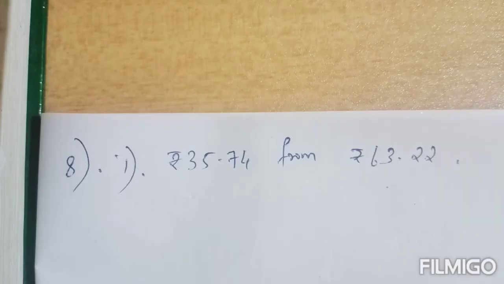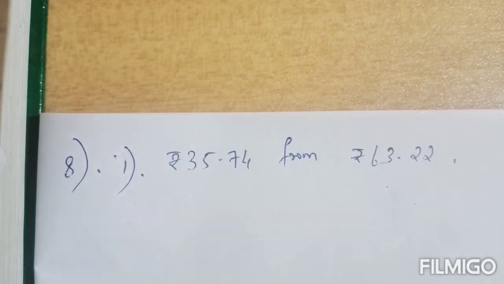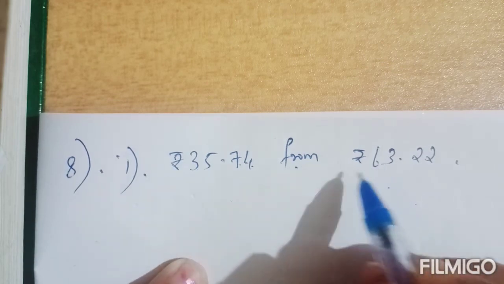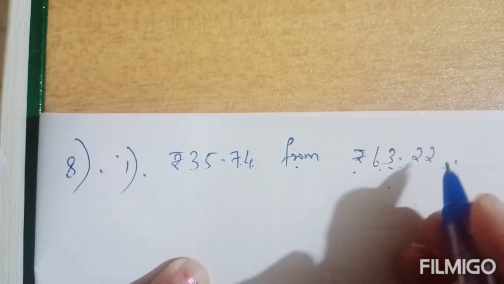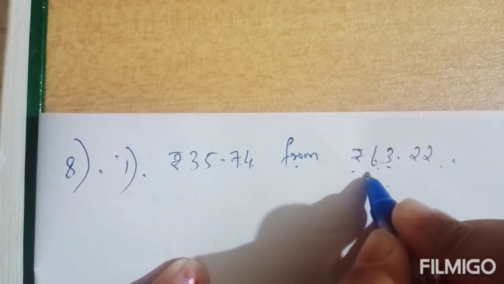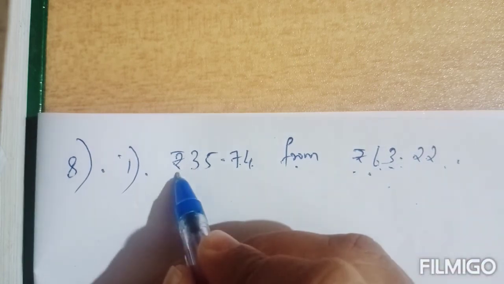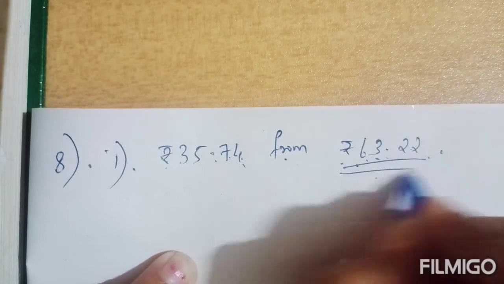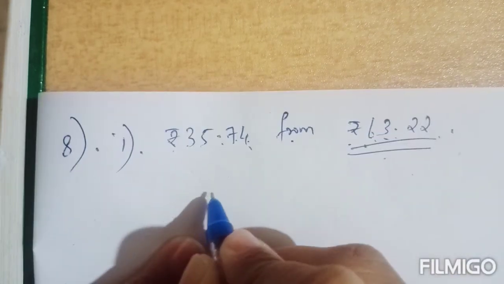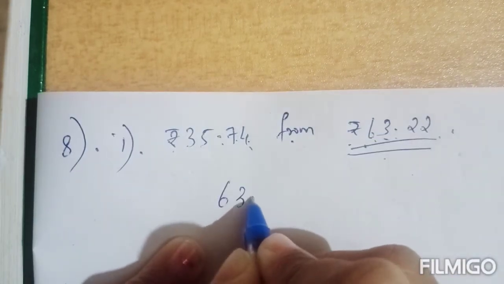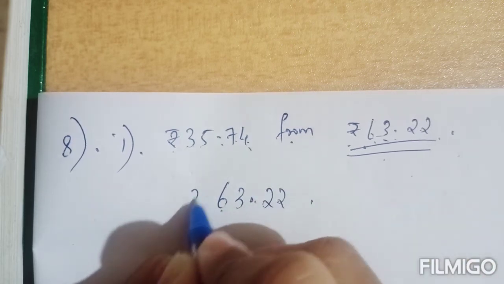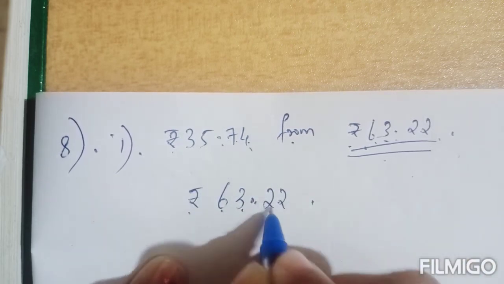Okay. 8th question, subtract. In that first one, rupees 35.74 from rupees 63.22. So from rupees 63.22 you have to subtract rupees 35.74. Okay, you have to write this first. Rupees part you can write before decimal point and paise part after decimal point.